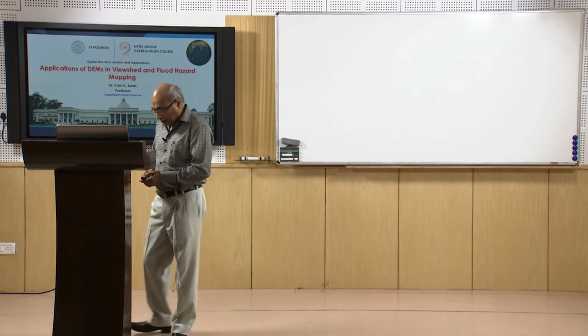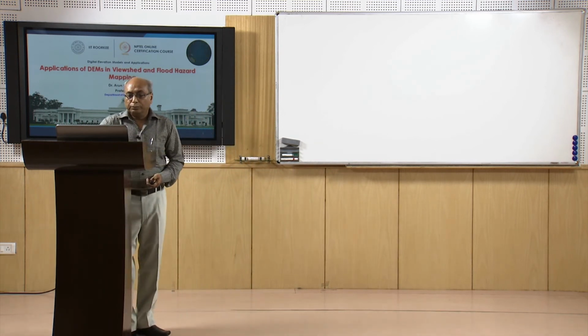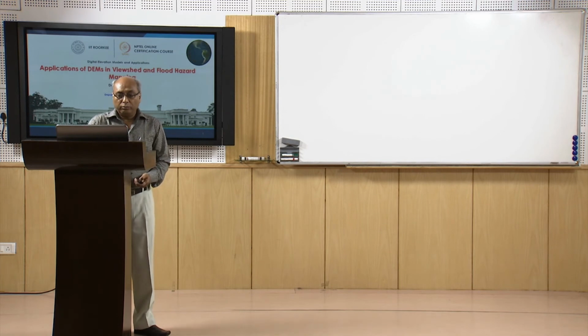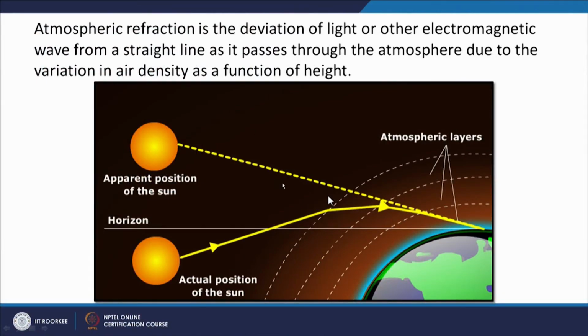calculations in Viewshed analysis. Also, a little bit about how atmospheric refraction will play an important role, as we can see here that these different atmospheric layers which surround the earth, we have the actual position of the sun, but because of the refraction effect we get the apparent position of the sun somewhere here.